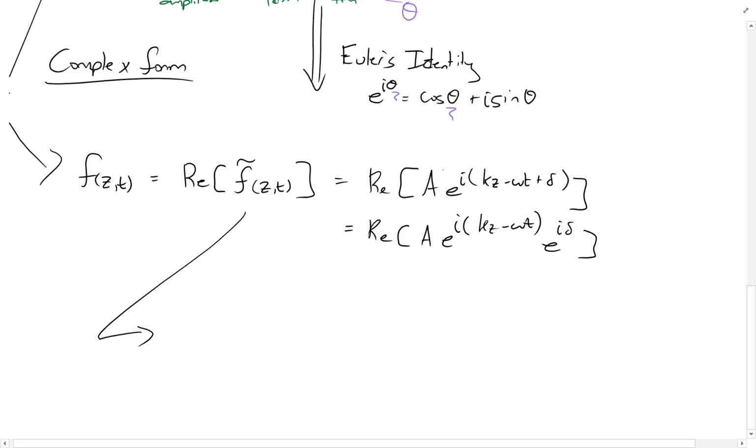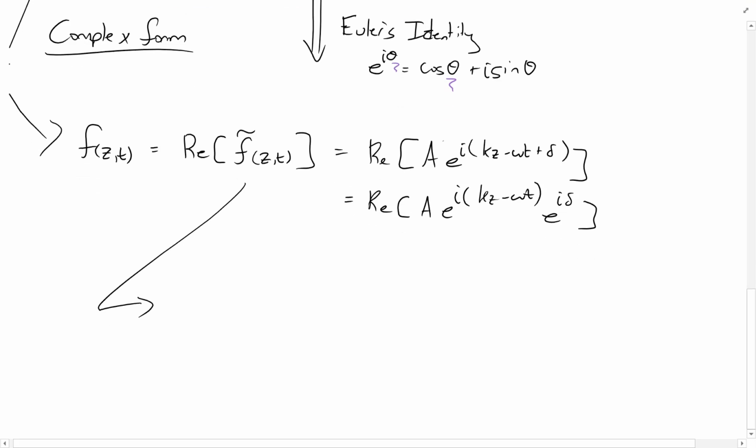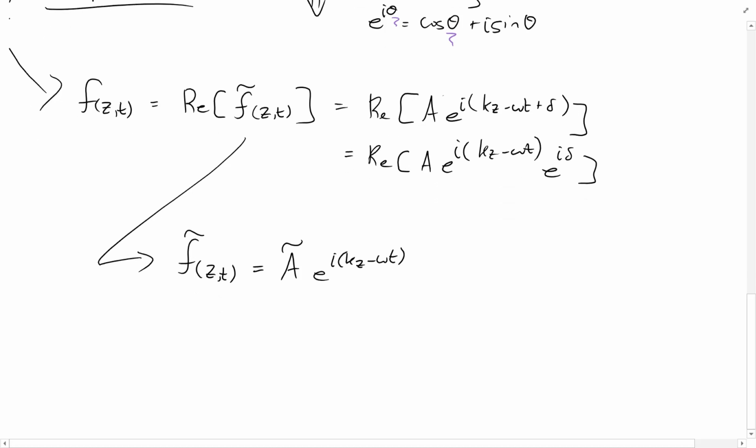So finally, our complex expression for a wave can be written with a complex amplitude and our exponential term with our spatial and temporal dependencies there.